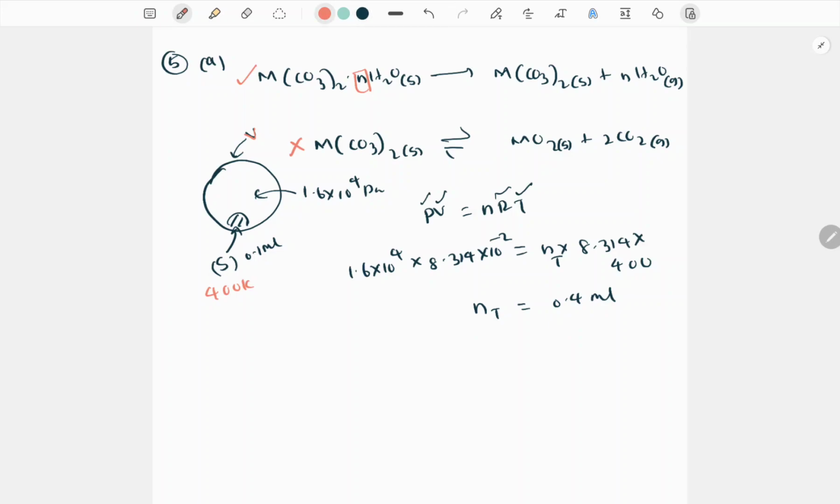It means 0.4 mole of water vapor has been formed. And in the meantime, what are the moles of crystalline water evaporated? It will be 0.1. From 0.1, 0.4 has been formed.